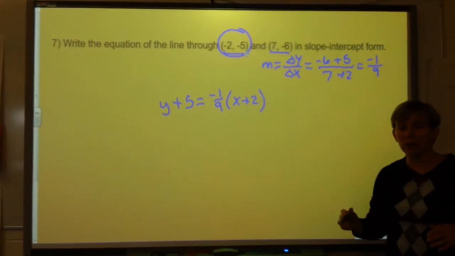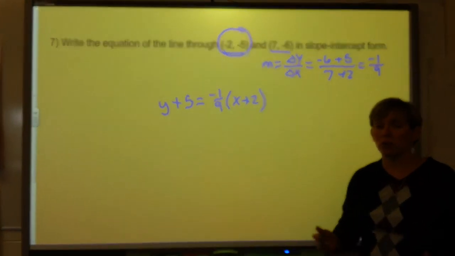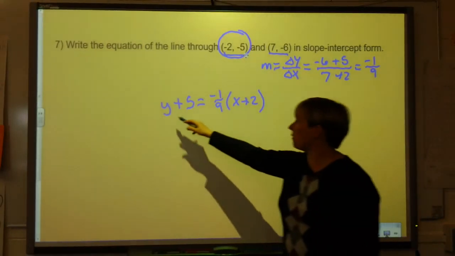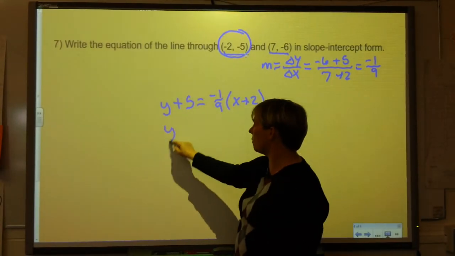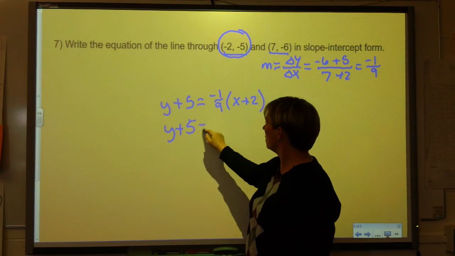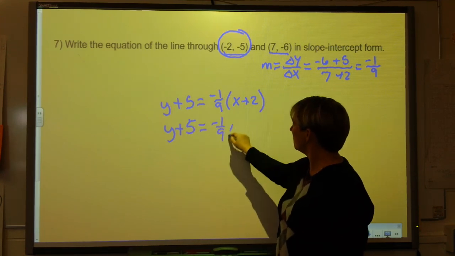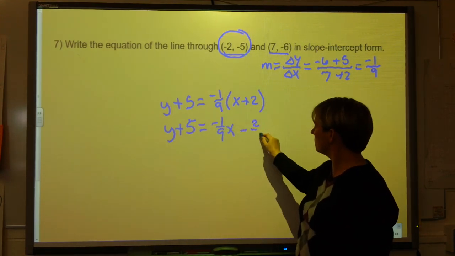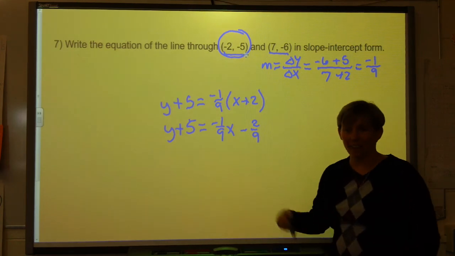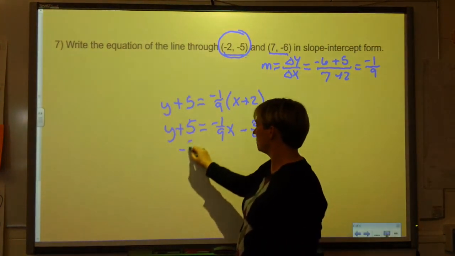I want my final answer in slope-intercept form, so the only thing I have to do now is solve for y. So I'm going to distribute -1/9 and then I'm going to subtract 5 from both sides.